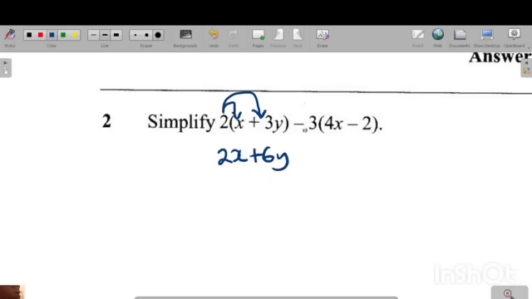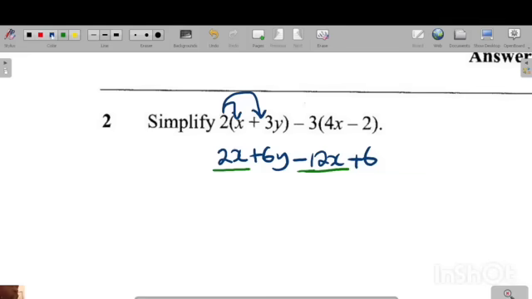Then we come to this. Negative 3 times 4x is negative 12x. Negative 3 times negative 2 is positive 6. At this stage, you collect like terms together, those with x's. Take note, I'm collecting together with their signs.